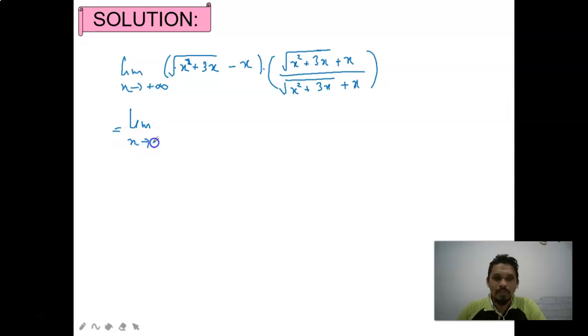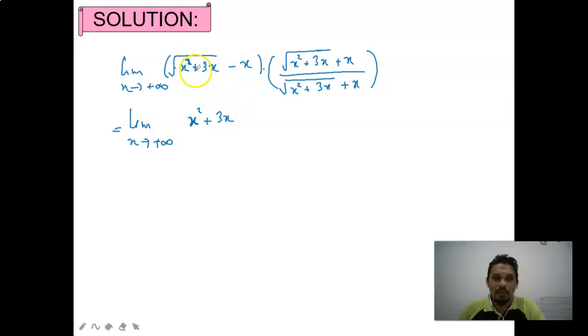Limit x approaching positive infinity. For this one here, the square root of x squared plus 3x multiplied with this one gives you x squared plus 3x, because the square root of x squared plus 3x plus x is the conjugate of the first term, the question itself.